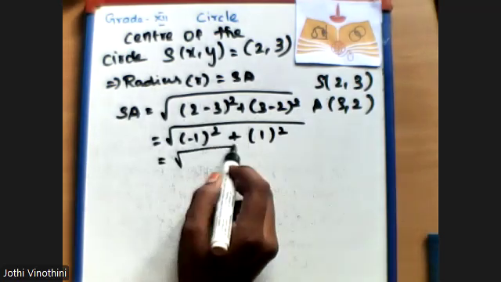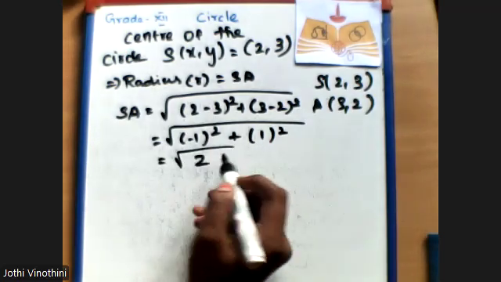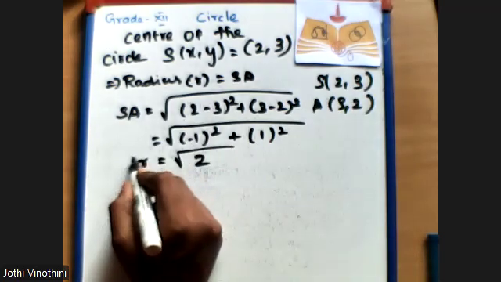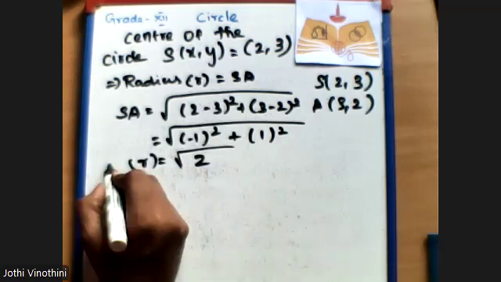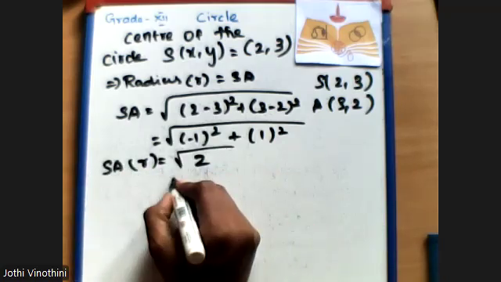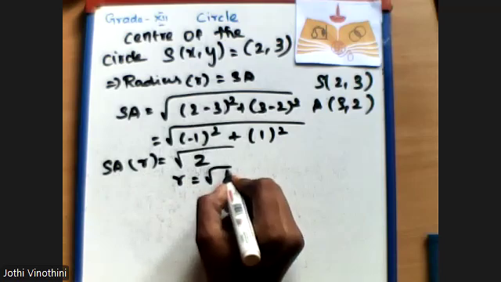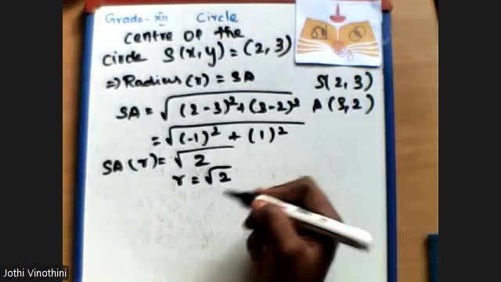Which equals the square root of 1 plus 1, which is 2. So the radius R, the SA distance, equals root 2, right?